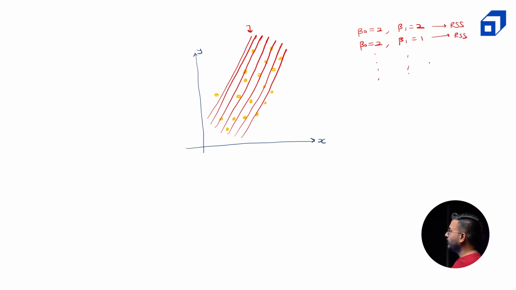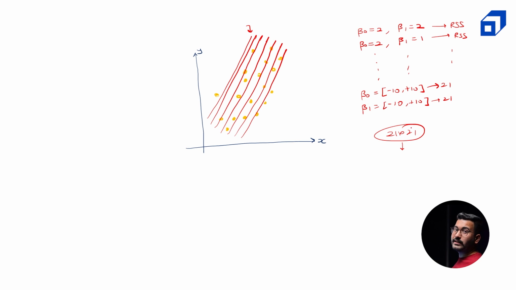Like this, can you figure out how many combinations would be there? Let's say my beta naught can take only values between minus 10 to plus 10, and beta 1 can take values between minus 10 to plus 10. How many values are there in between? There are 21 values over here and 21 values over here. So 21 into 21, these many combinations. This is the number of combinations I need to compute the RSS for.